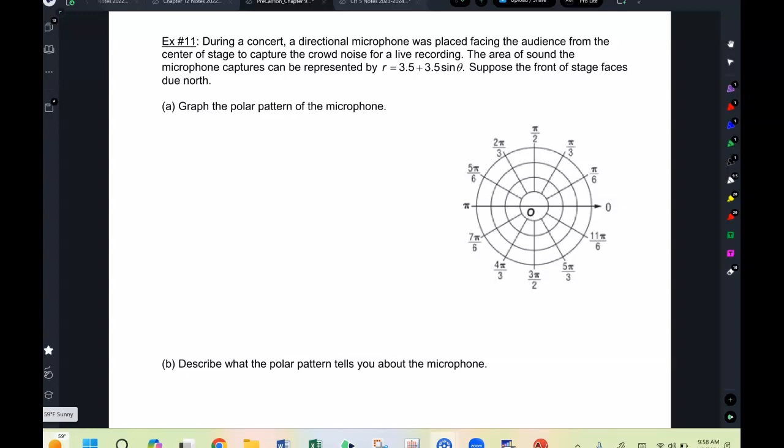And then a directional microphone is just that. It's not a microphone that picks up 360 sound, all around. It literally has a direction from which it picks up. The area of sound that the microphone captures is represented by this function, because everything having to do with waves is a sinusoidal function.